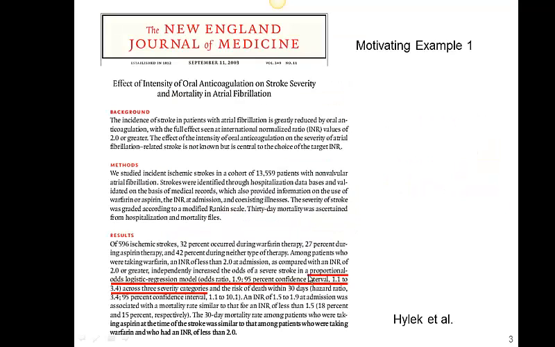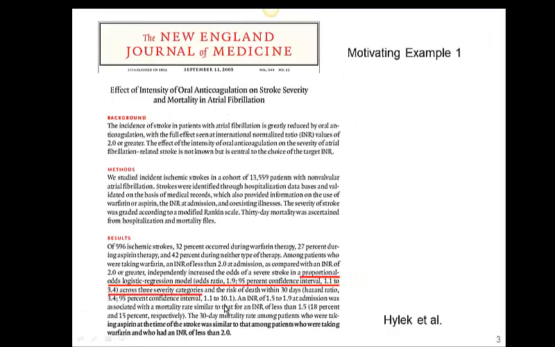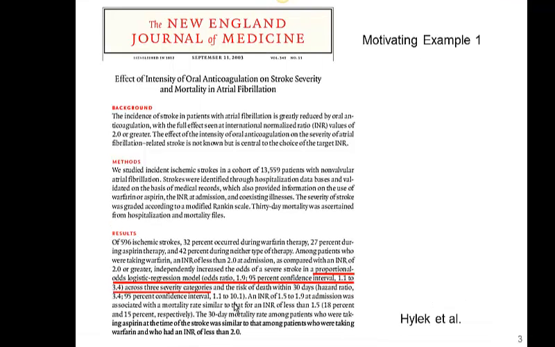They used proportional odds logistic regression and computed the odds ratio for the association between INR and stroke severity as 1.9. And the 95% confidence interval does not include 1. Therefore, they found a statistical association and concluded that lower INR increases the odds of having a severe form of stroke.